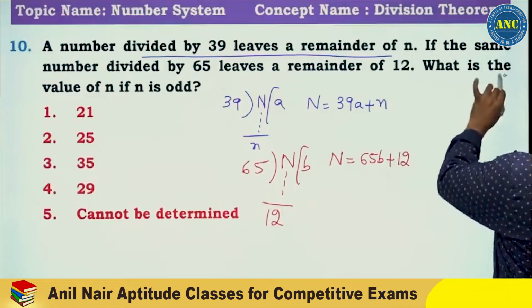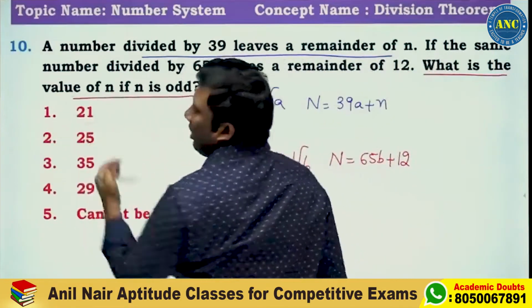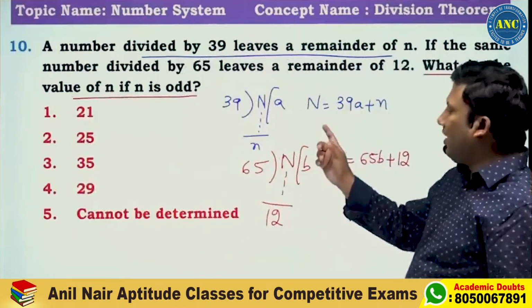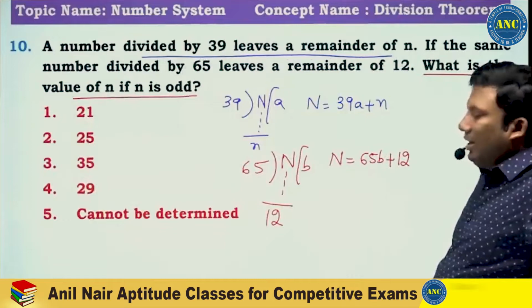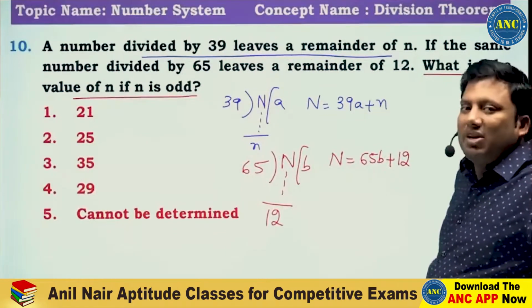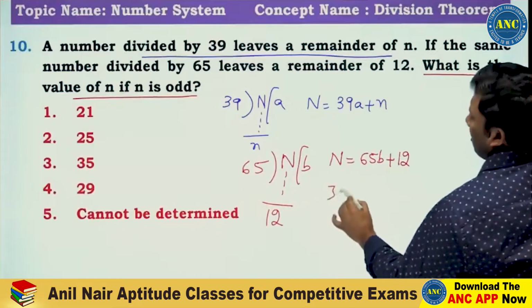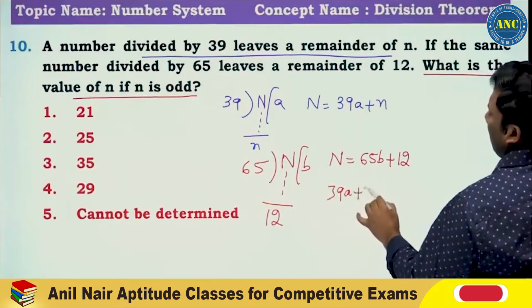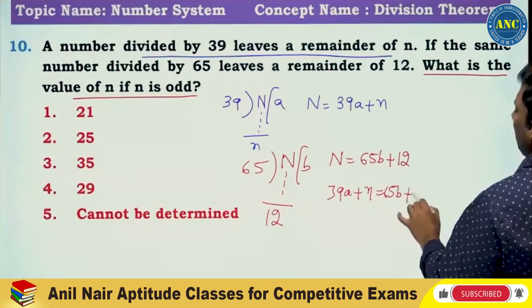What is the value of n if n is an odd number? A number when divided by 39 gives remainder n. A number when divided by 65 gives a remainder 12. Both are the same number. 39a plus n equals 65b plus 12.